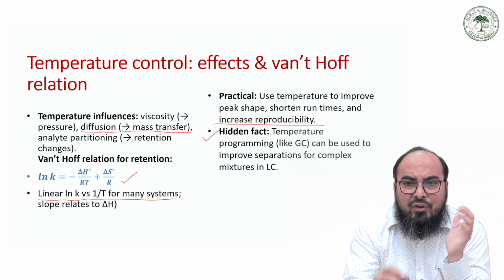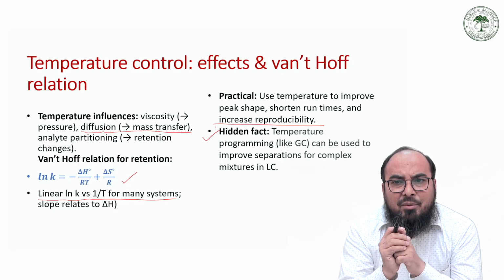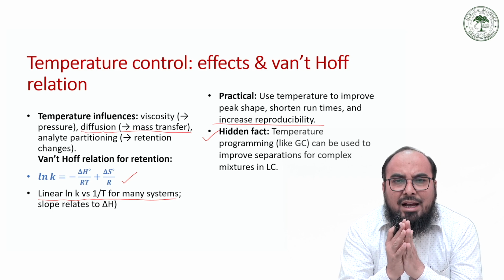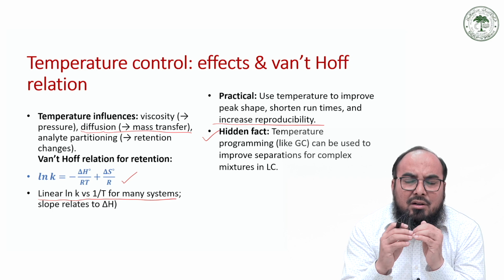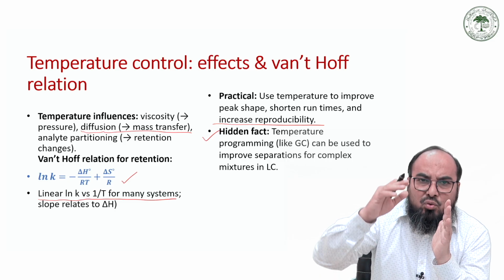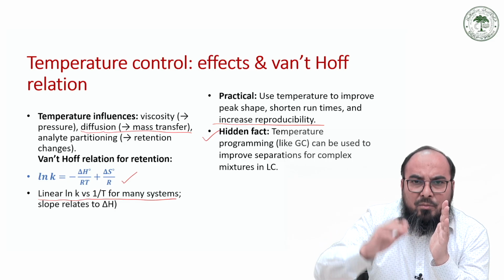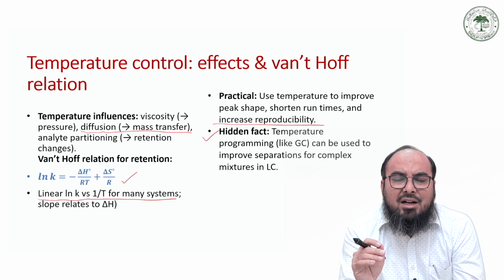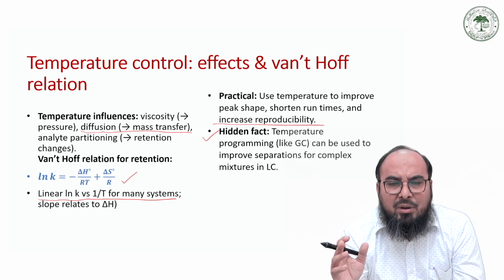The hidden fact is that you have to do temperature programming very judiciously, and you have to cool down your equipment to room temperature so that you do not miss the peaks which come close to room temperature.